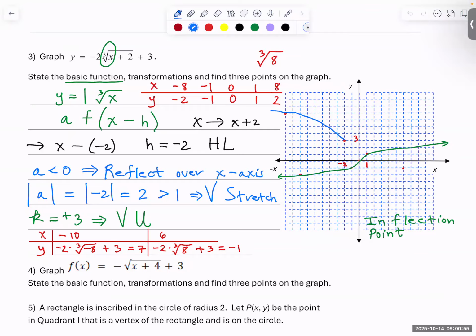And it's going to do something like this. So there's a sketch of our transformed function. Domain is all real numbers. The range, also all real numbers. Let's just add a note here. The inflection point is at x is negative 2 after the horizontal shift to the left, and y is positive 3.